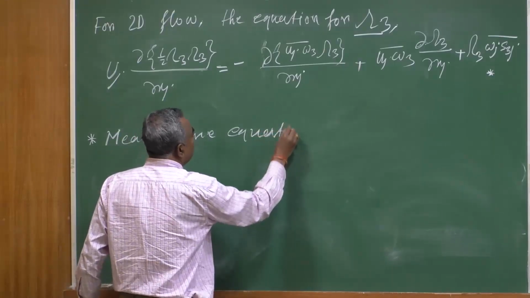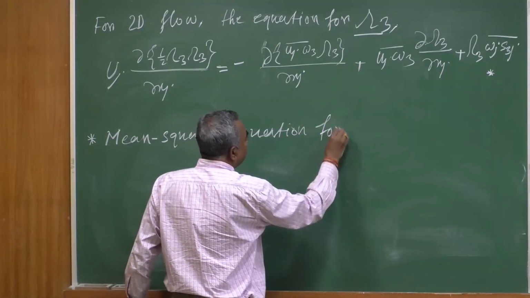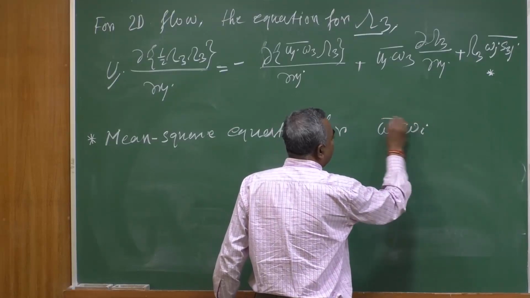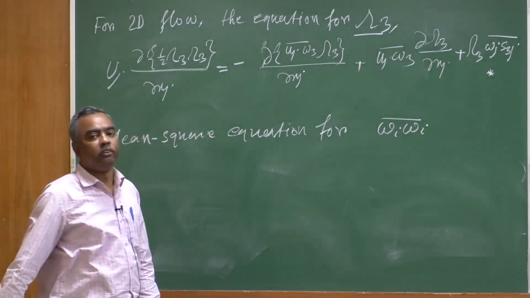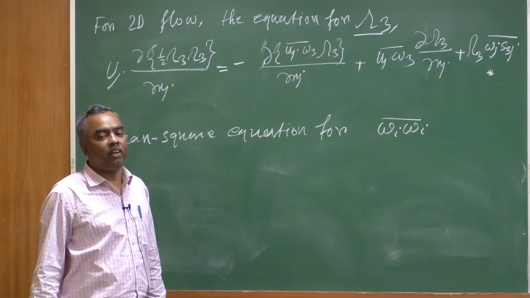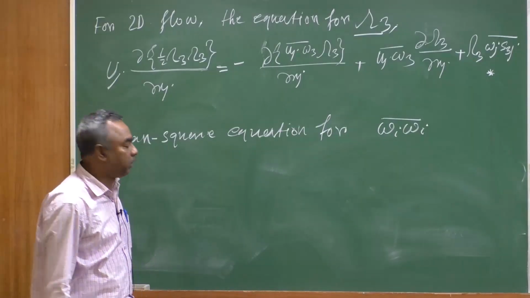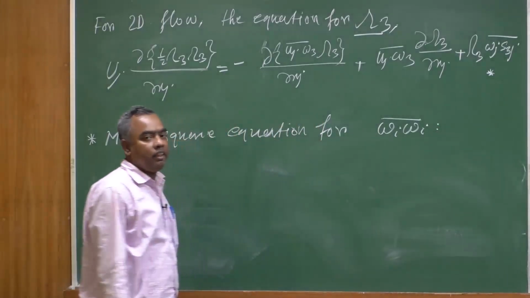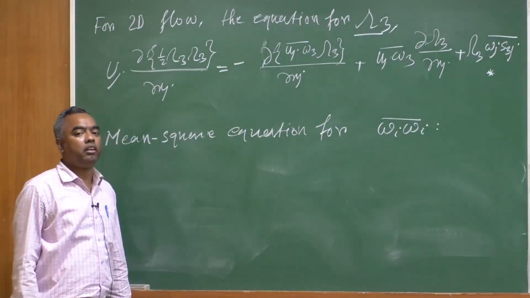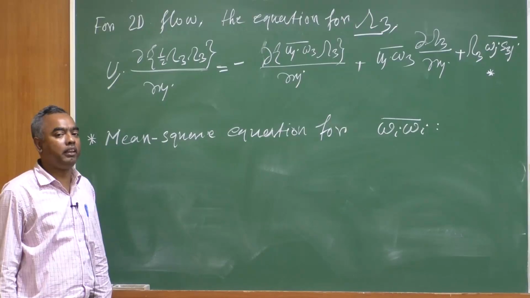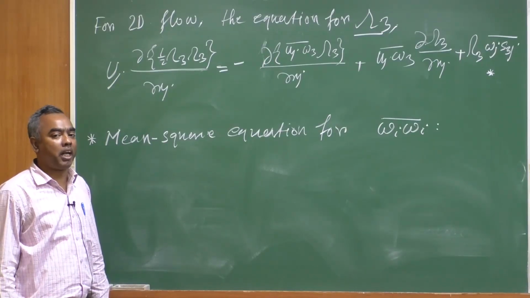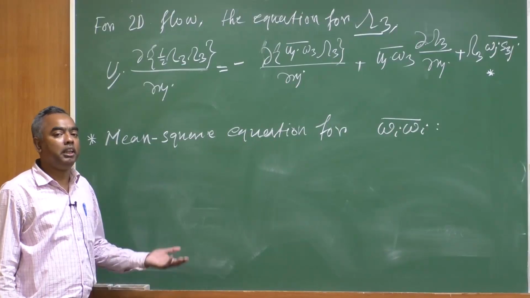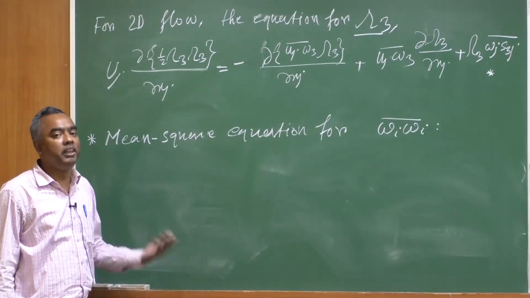equation for omega_i bar, which can be referred to as the turbulent entropy equation. So, what is the procedure? Once again, first you consider the instantaneous vorticity equation, multiply it by omega_i, then time average that equation, and from whatever you get you subtract the mean entropy equation.